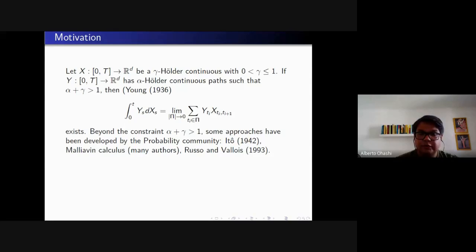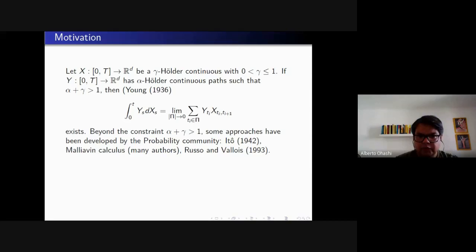So you also take Y as an alpha-Hölder continuous function, such that alpha plus gamma is bigger than 1. So we know since Young in 1936 that this Riemann sum exists, and this generalizes the usual Lebesgue-Stieltjes integral.